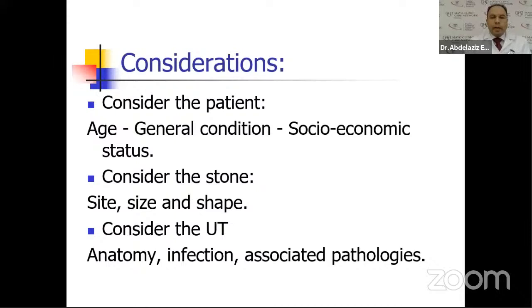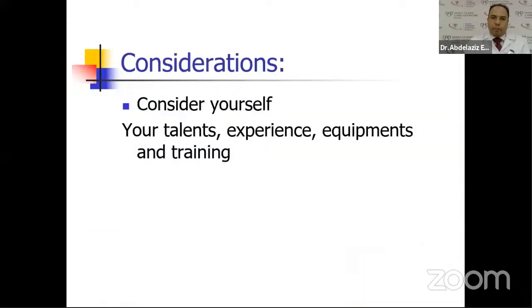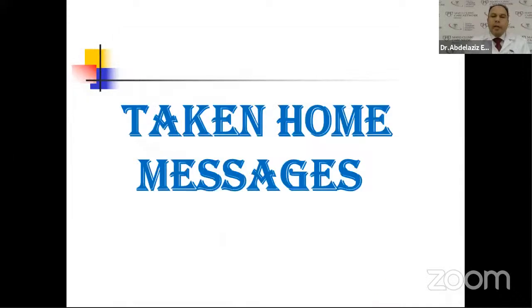Consideration of the urinary tract, like anatomy, infection, associated pathology. Also, you have to consider ourselves: our talents, experience, equipment, and training. So the decision making about the stone procedure, how to manage this stone, depends on all of these factors.